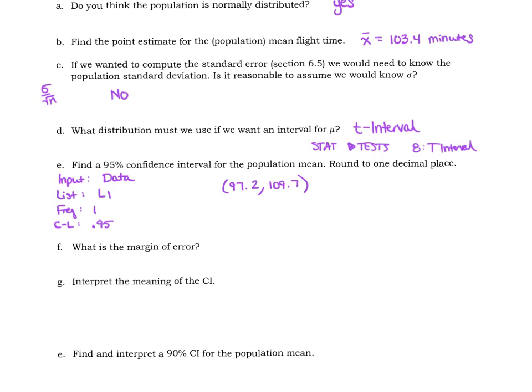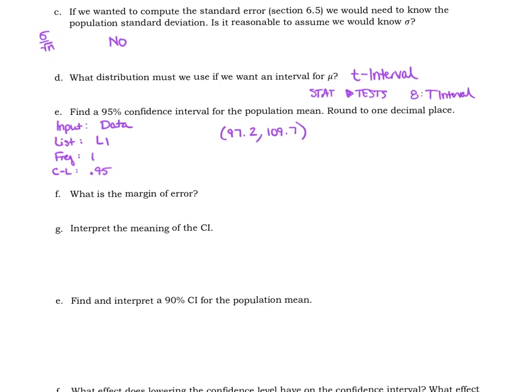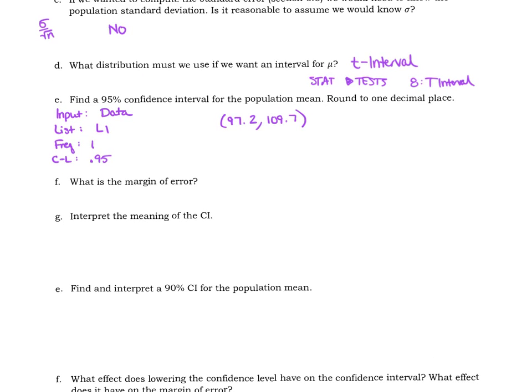Okay, what is the margin of error? There are a few ways you can do that. You can take that middle value, 103.4, and subtract 97.2 to find out how many minutes you are from the lower boundary. You can take the 109.7 and subtract 103.4 to figure out how far you are from the upper boundary.